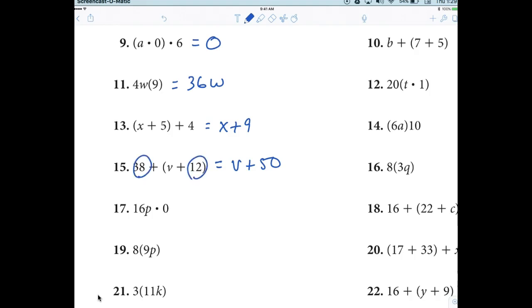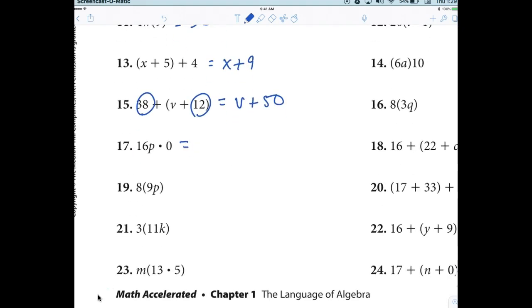If you don't know what's in parentheses, you would go out of? Well, right now there's no other operation on the parentheses, so technically we don't need the parentheses. All right. 17, we're multiplying by 0, so that must be 0. 19 must be 17 how much? 72.